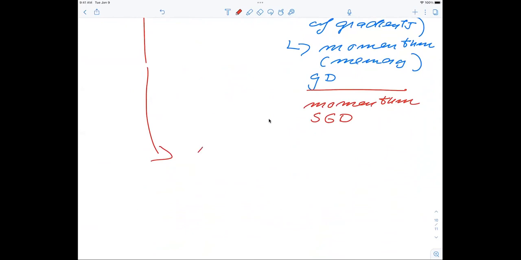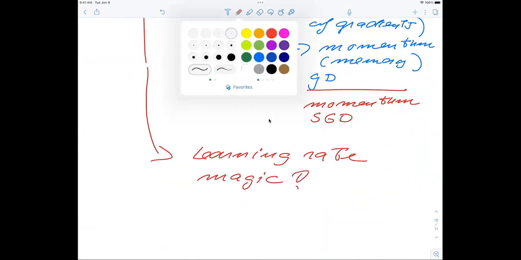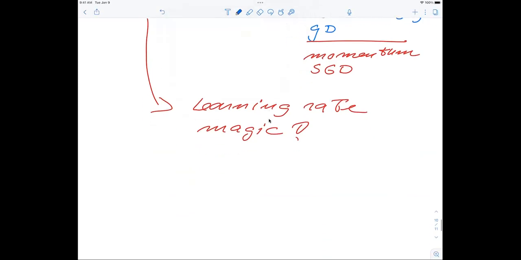So this is the learning rate magic. And we have many different approaches to that. So you can simply have a fixed parameter, fixed gamma, equal just a gamma.